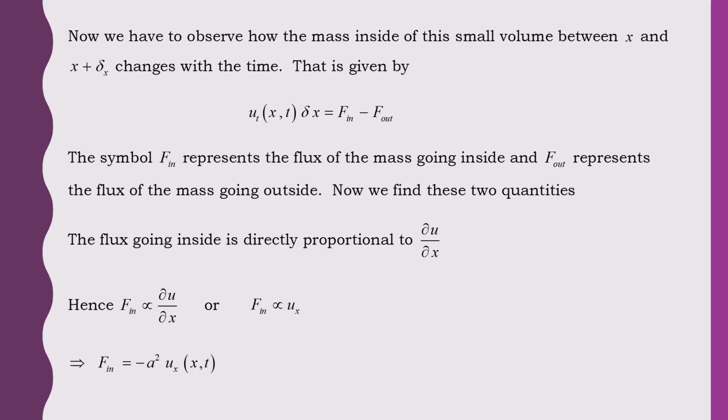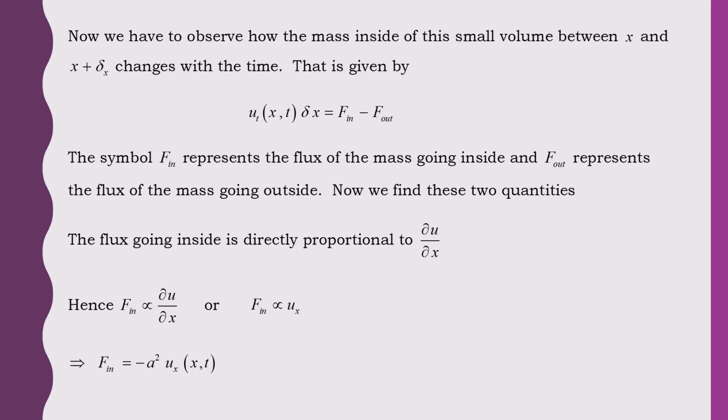F sub in represents the inward flux of the mass in the pipe. F sub out represents the outward flux in the pipe. u sub t times delta x equals f in minus f out.